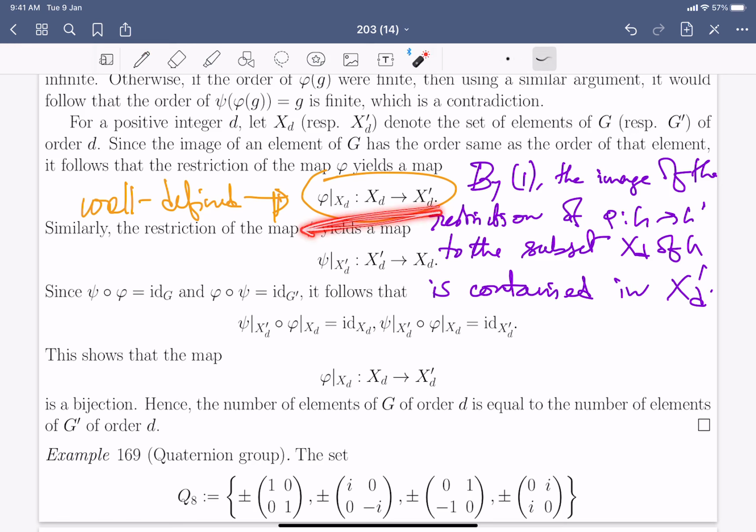That shows that this map phi restricted to XD, when the target space is X prime D, is well defined.